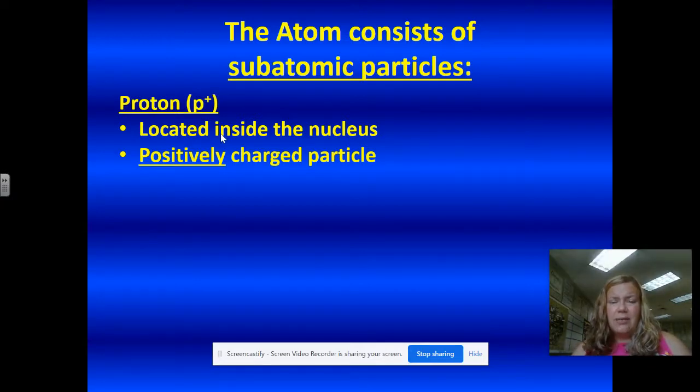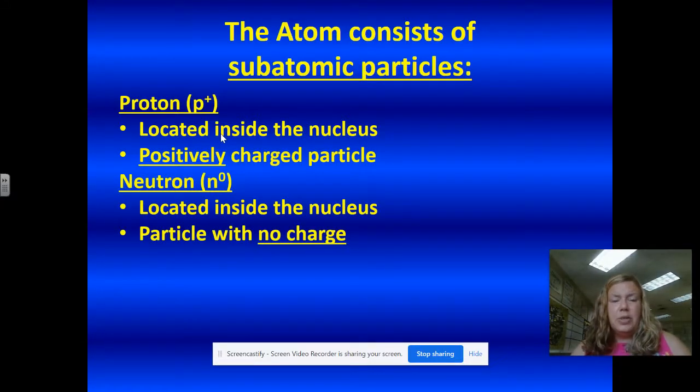So you're not going to have a proton fluctuation unless the identity of an atom changes, which is slim to none. A neutron is located inside the nucleus also, and that's a particle with no charge. Notice neutron, neutral, there's no charge. Again, we can write it like this, a little N with a superscript of 0.